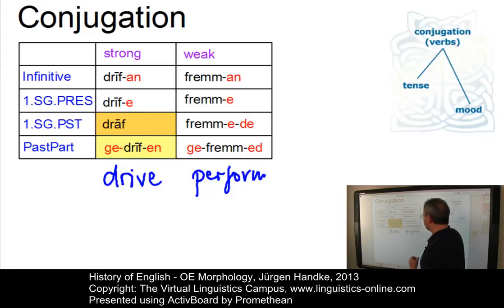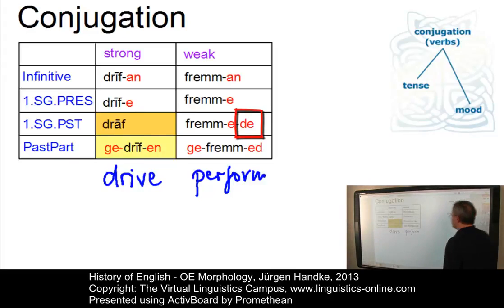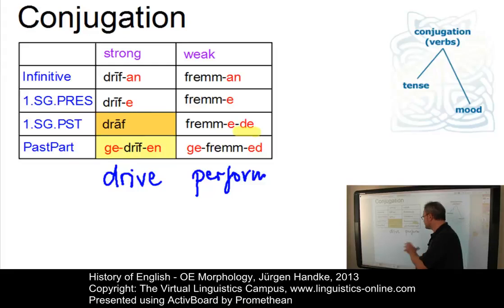Whereas drīfan forms the past tense by means of a vocalic change, drāf, the past tense form in fremman is fully regular by adding the Germanic past tense affix de. And in the past participles we have minor differences, gedrifen versus gefremmed.